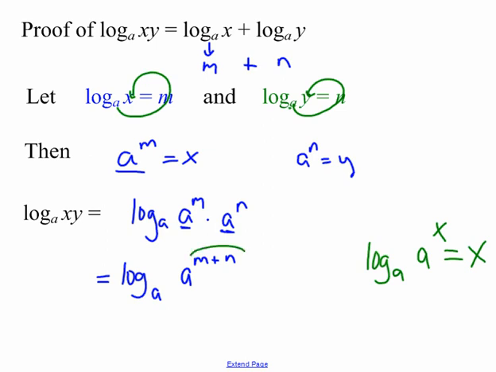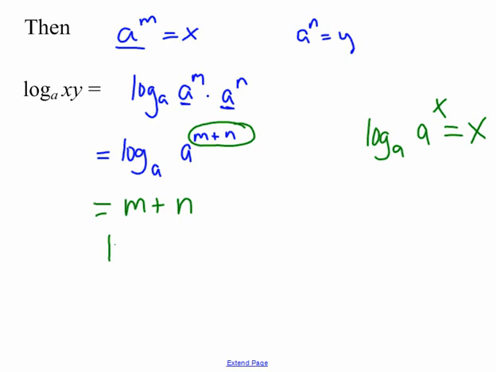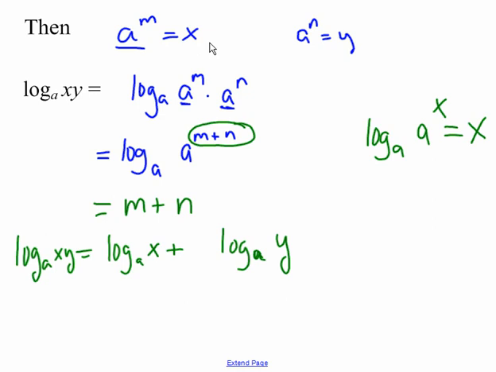So therefore, this equals m plus n, and we let m equal log base a of x, and we let n equal log base a of y. And so we have shown that log base a of xy is the same thing as log base a of x plus log base a of y.